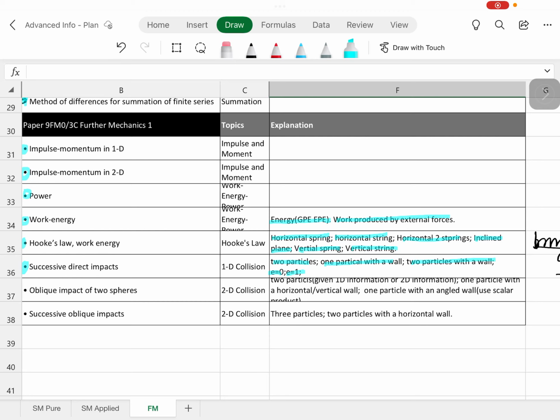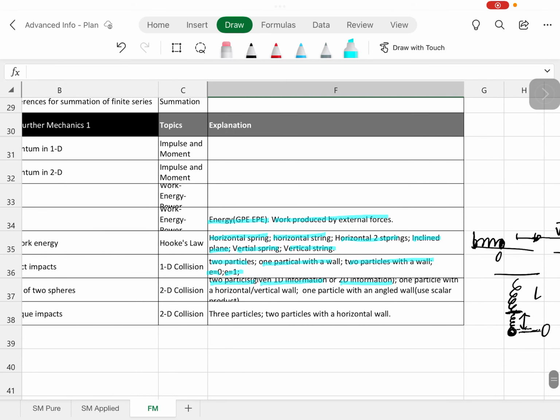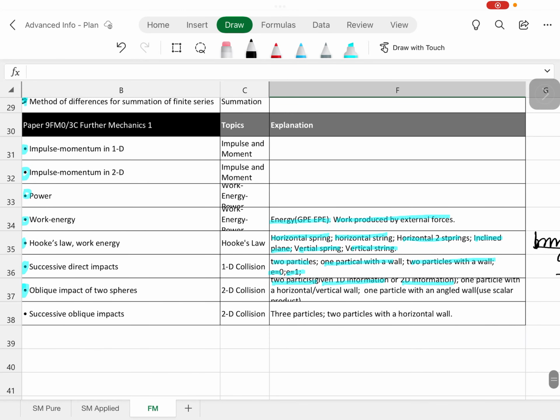Yes. Oblique impacts of two spheres. So you can have two particles given 1D information or 2D information. What do I mean by 1D information? Maybe I choose a different color, maybe red.